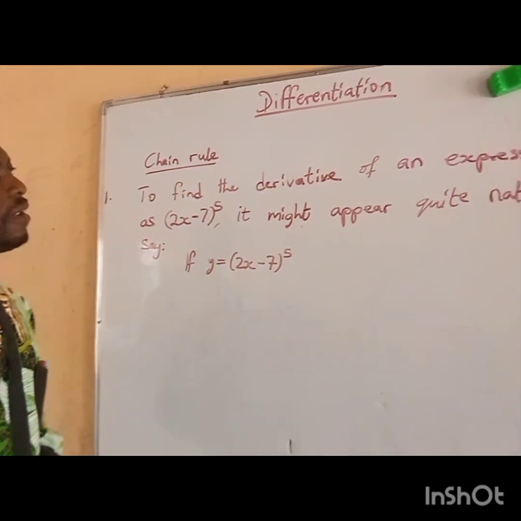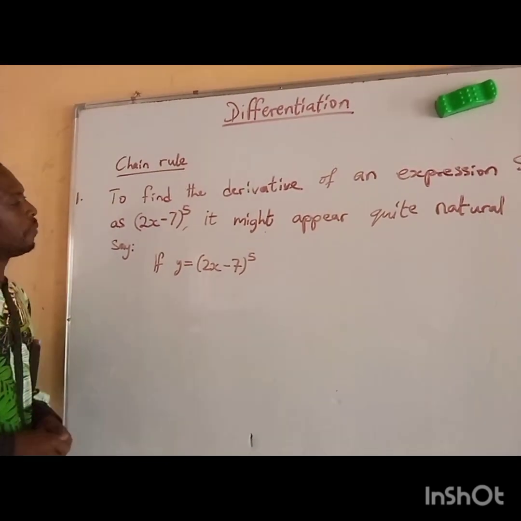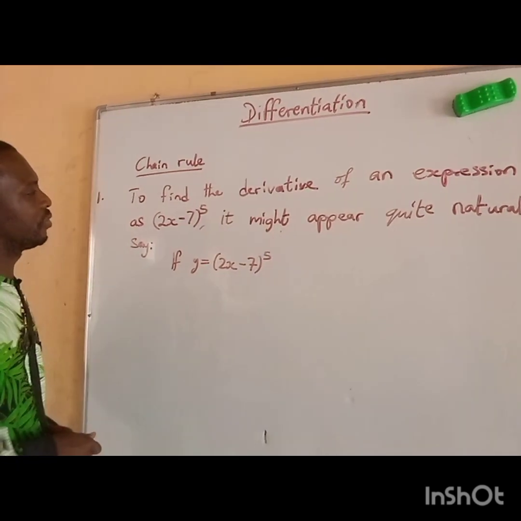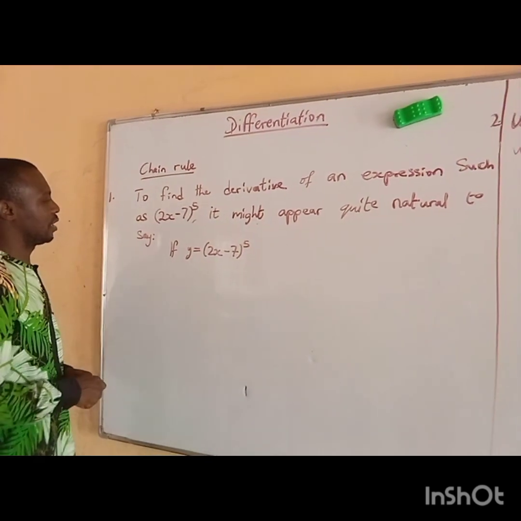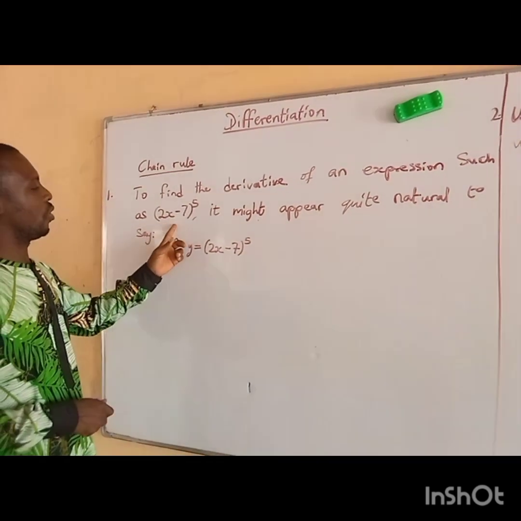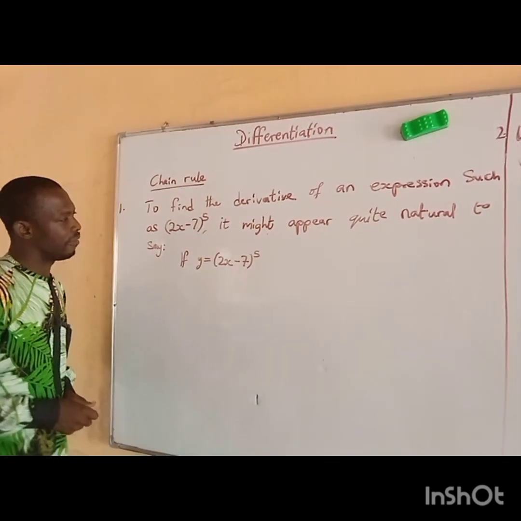To find the derivative of an expression such as (2x - 7) raised to the power 5, it might appear quite natural to say, if y is equal to (2x - 7) to the power 5.